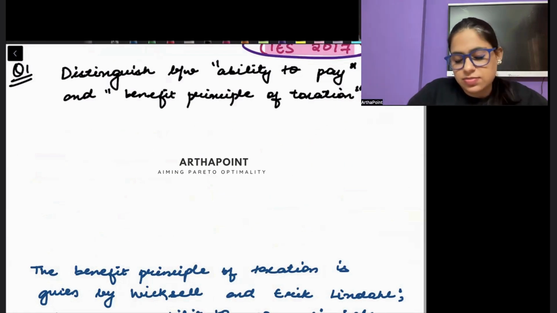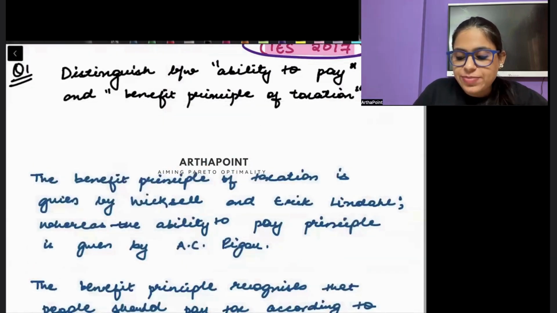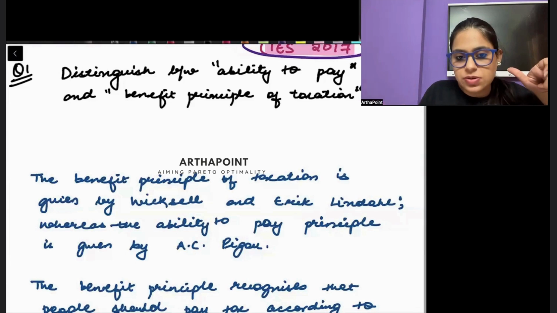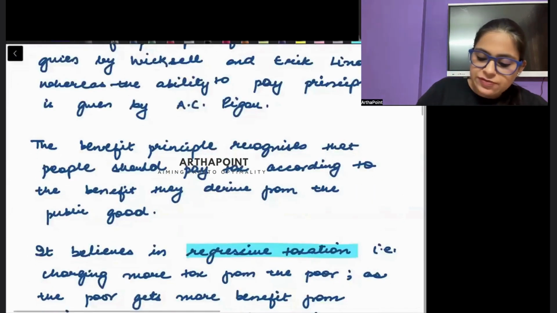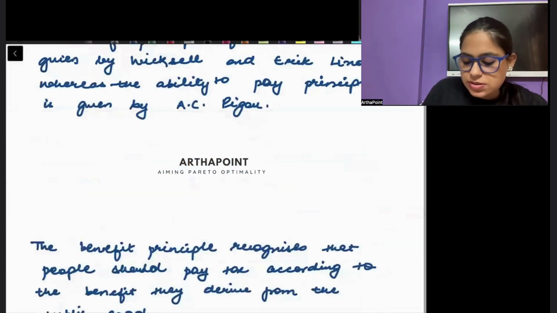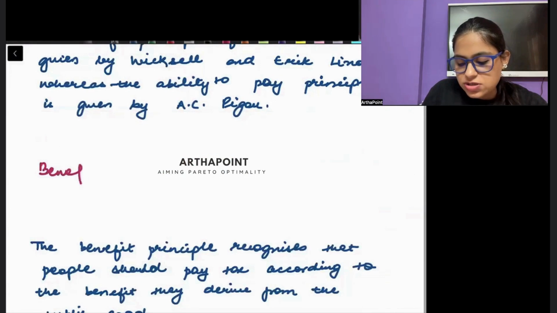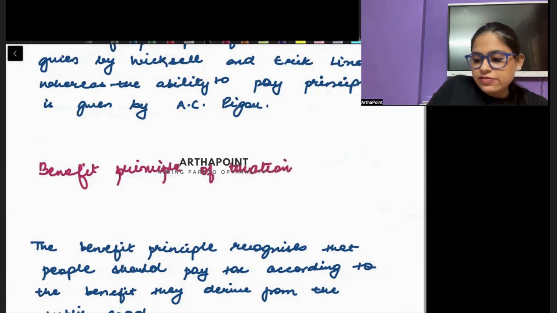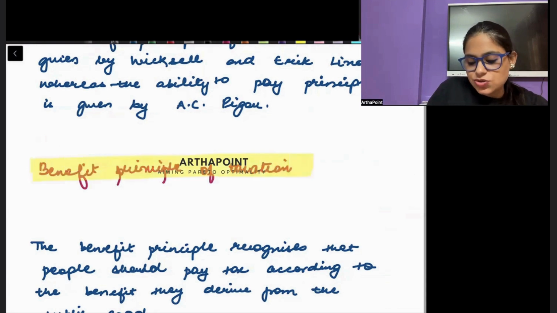Personally, as I said, there is nothing wrong with it, but I prefer the other way around. What I prefer is, first of all, I will pick up one principle and write everything about that principle. For example, if I have picked up the benefit principle of taxation, I will write everything about the benefit principle of taxation.